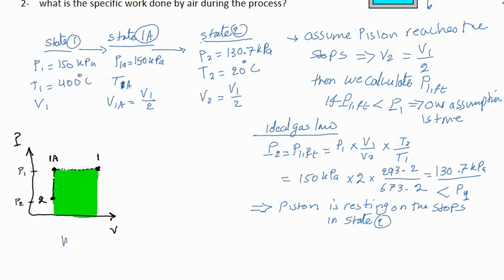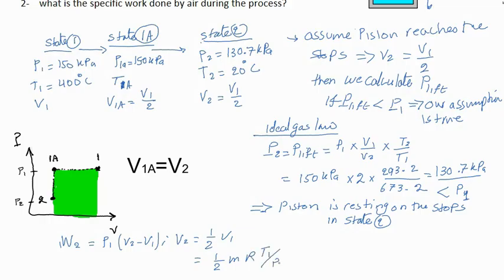We know that the work between state 1 and 2 can be expressed as the constant pressure process between 1 and 1A, which is P1 (V2 minus V1). We know also that the volume at the state is half that of V1, which can be equal to half mass gas constant T1 over P1.